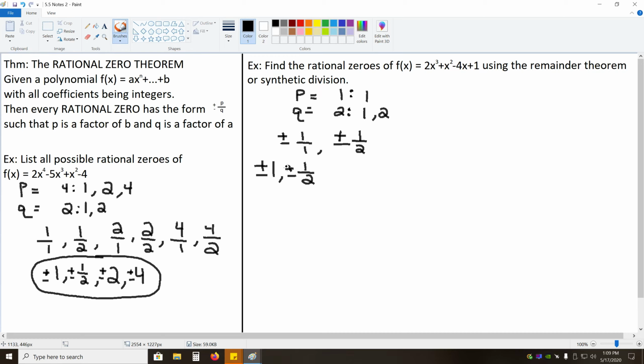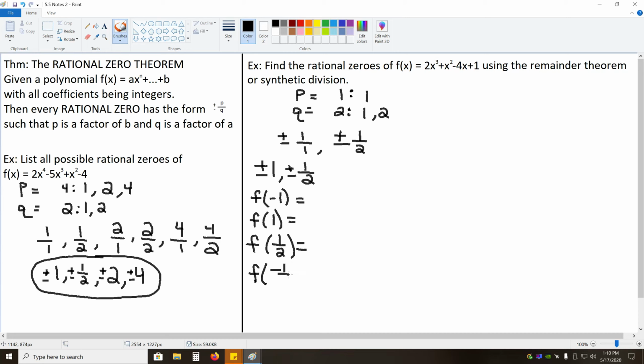So this is like that previous problem we had. We can either plug them into the function or plug them in using synthetic division. I'm going to go ahead and just plug them into the function. We're finding f of -1, f of +1, f of +1/2, and f of -1/2.